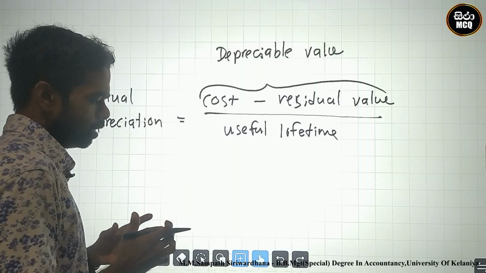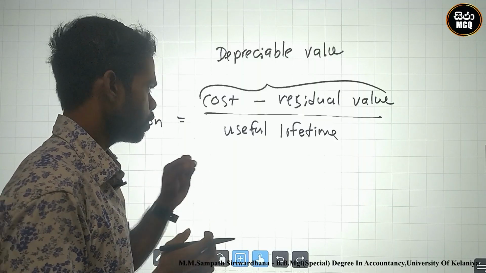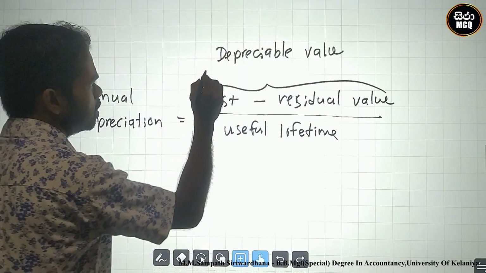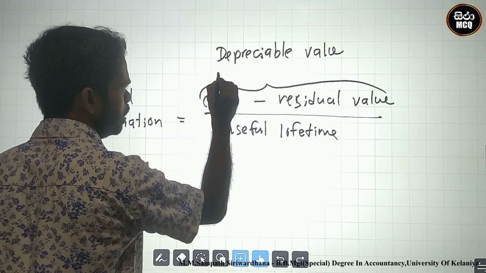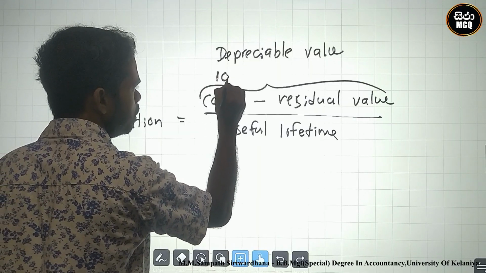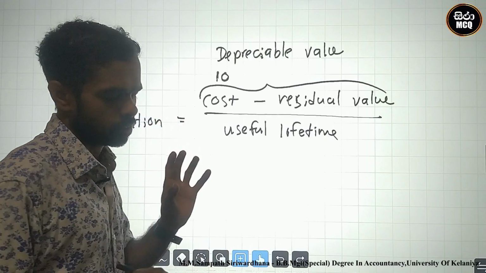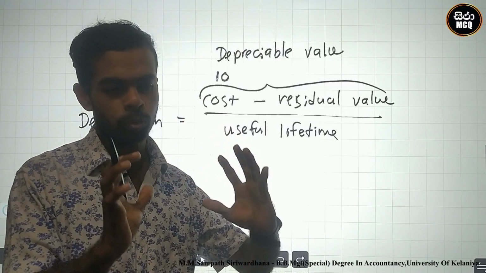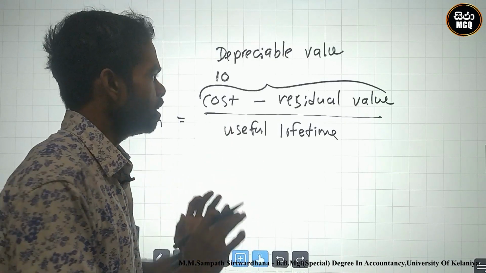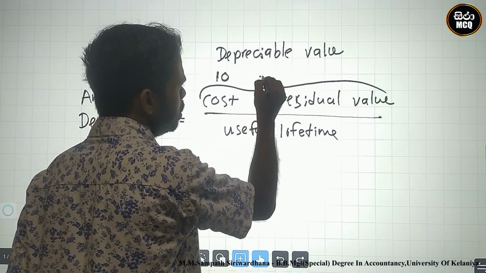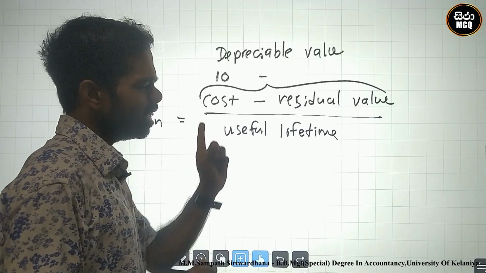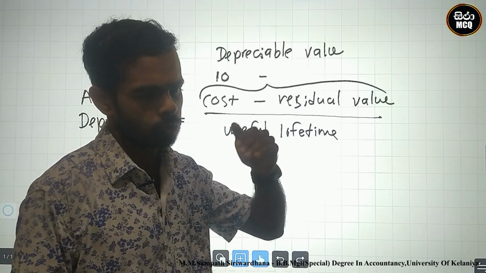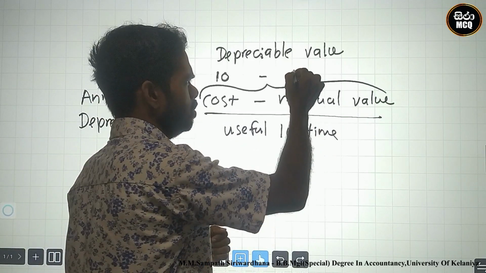Say we purchase a car for 10 million. At that time there is a huge cost to us. The residual value means we can sell it after the useful lifetime for 1 million.